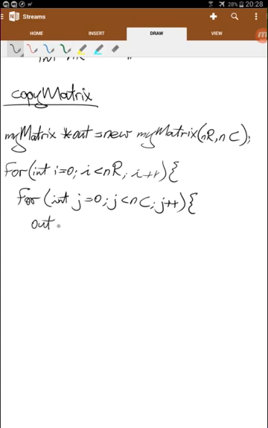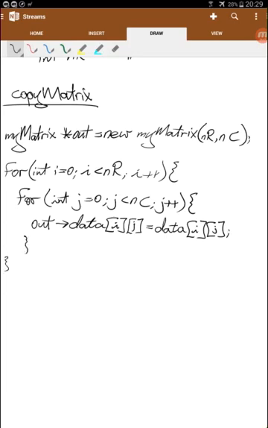Because out is a pointer, we access its members using the arrow. So we say out, and we access data, and we want to change the value at ij, and we want to set those equal to the current matrix data at ij. And then following that, we would simply return out.